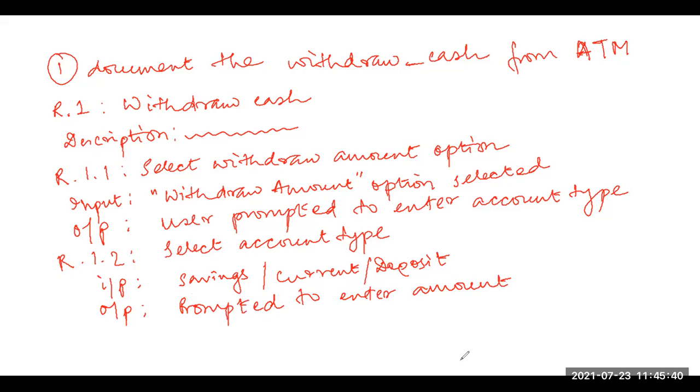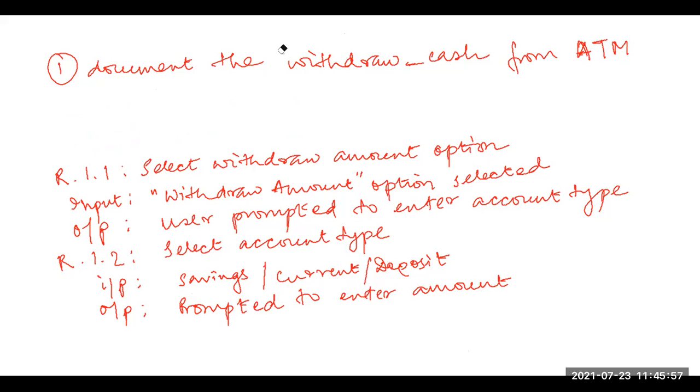Right? So this is what happens. After this, what will happen? After this, there was get the required amount of money. So there was R1.3, get required amount.